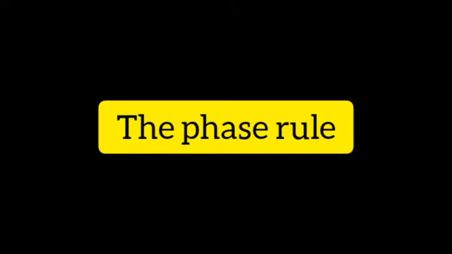The system has one degree of freedom, or is univariant, whereas if only one phase is present, two variables are needed to describe the state, and the system has two degrees of freedom, or is bivariant.